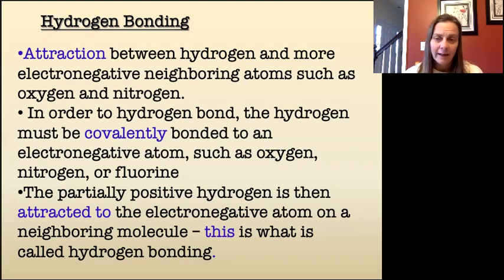And then because that atom is so electronegative and it pulls the electrons in so tightly, and hydrogen is so little, it becomes so positive that it's then attracted to an electronegative atom on a neighboring molecule. And it's that attraction between that nearly naked hydrogen and an electronegative atom on a nearby molecule that is hydrogen bonding. So it's not the bond between the hydrogen and the nitrogen or oxygen or fluorine that we call the hydrogen bond. It's the attraction between hydrogen and an electronegative neighbor.